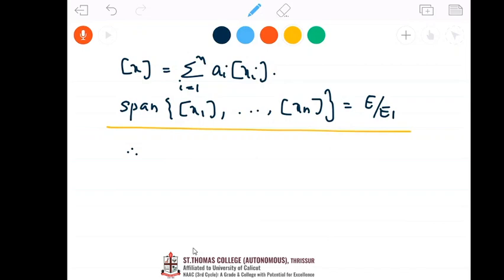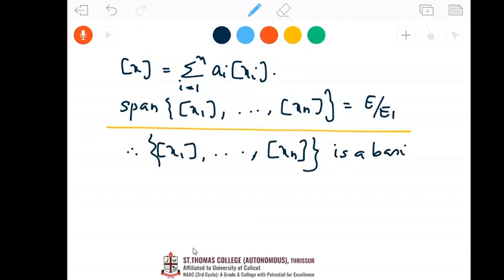Therefore class x1, etc., class xn is a basis for E over E1. Thus, if this is a basis, the dimension of E over E1 is nothing but n. Thus, we proved the entire lemma.